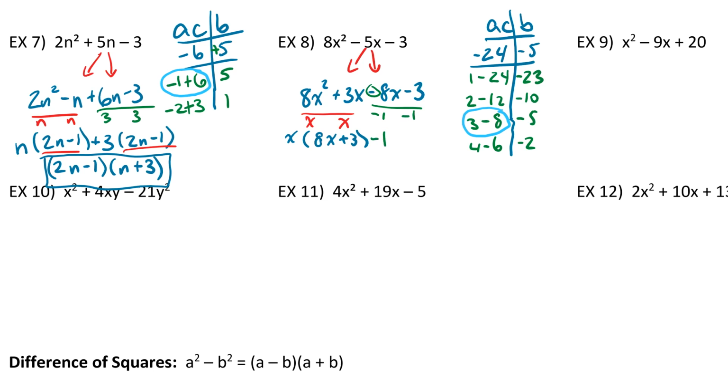So we have negative 1 times, again, 8x plus 3. Our insides match. And so as long as our insides match, we're going to have 8x plus 3 times x minus 1, and that's our answer.